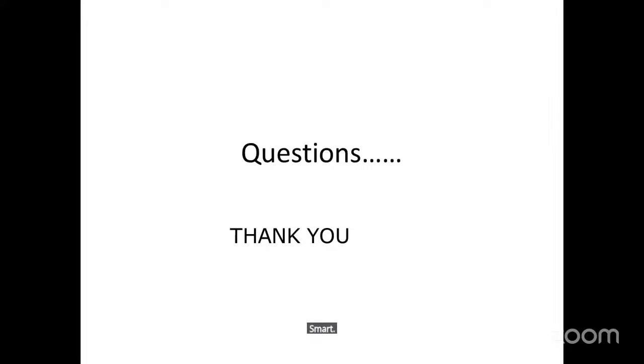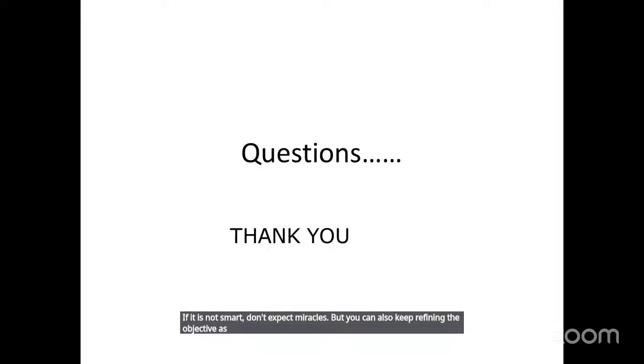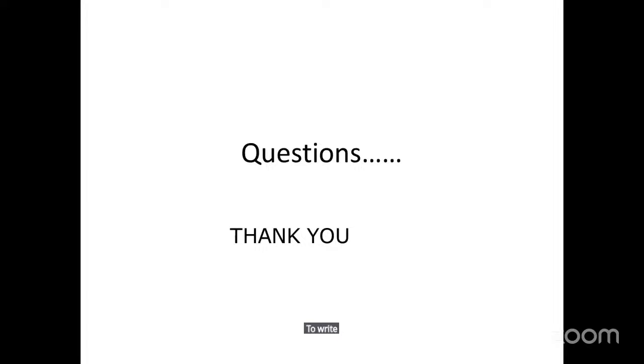And I think you can go and look at specific objective and SMART and find out what that means. If it is not SMART, don't expect miracles. But you can also keep refining the objective as you go along to write your manuscript.